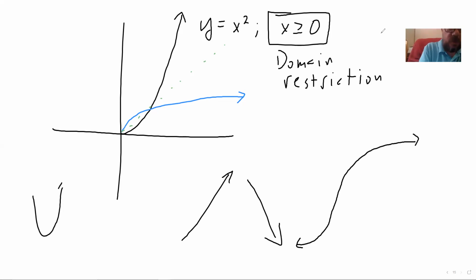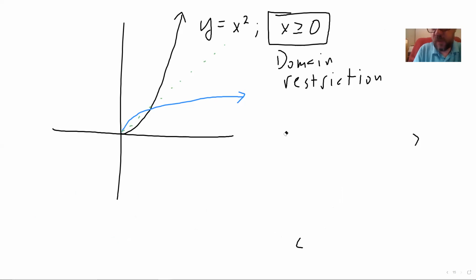This is not one-to-one, and this is not one-to-one. Anything that goes up and down is not going to be one-to-one, whereas anything that goes just up or just down is. So if you want to know where to restrict your domain, you just look at the parts that are going all up or all down and restrict it to that.